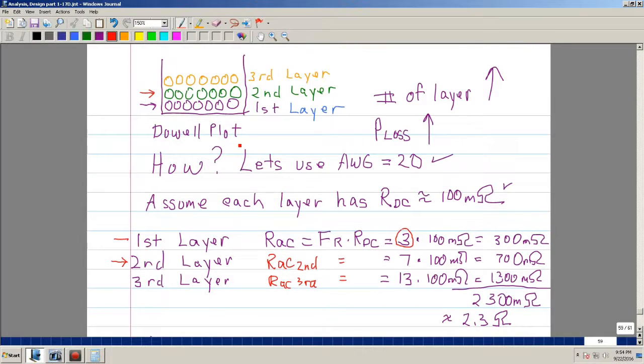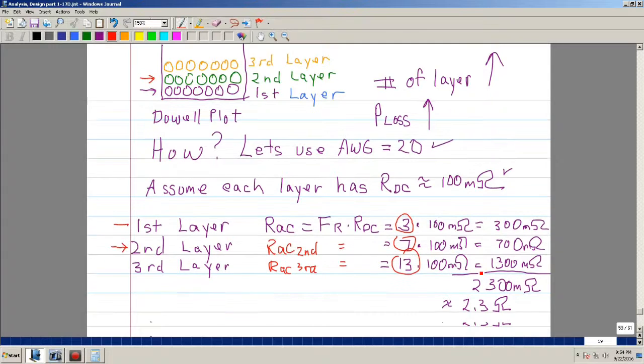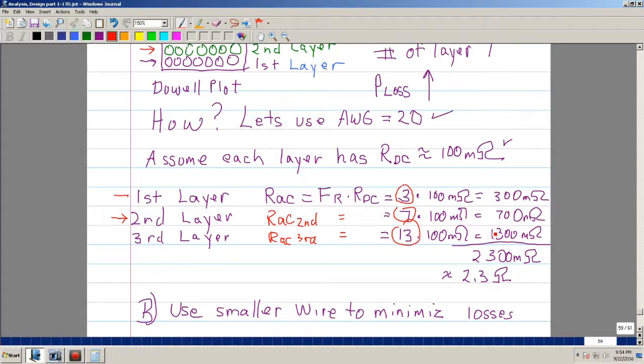I went ahead and used 13. So now the resistance is 1300 milliohms. Since they're connected in series, you end up with a resistance of approximately 2.3 ohms.